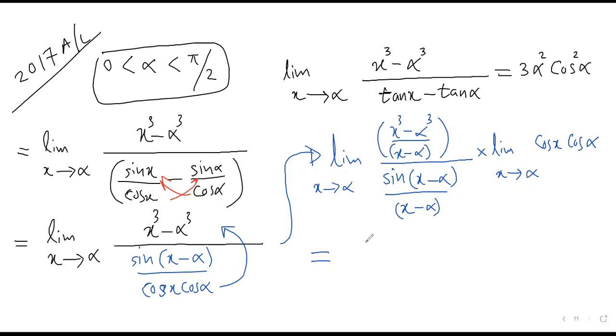Here n is 3, a is alpha, n minus 1, 3 minus 1 is 2. In the denominator, it's going to 1.